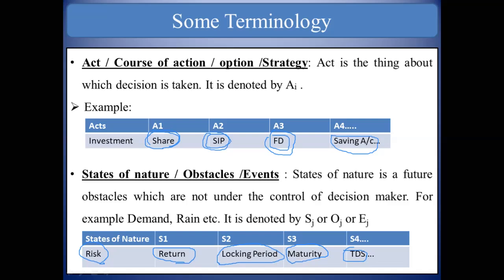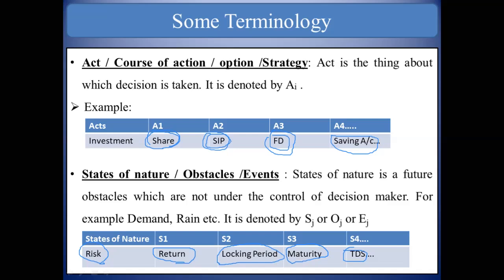So again, we cannot pre-decide about demand or rain etc. So all things about which the decision maker has not decided before the investment are known as states of nature or obstacles or events.